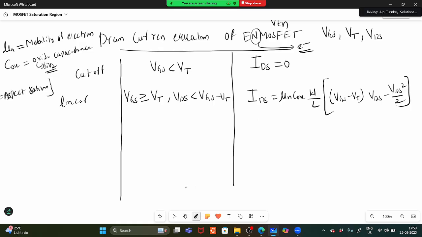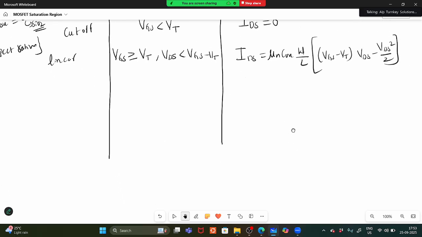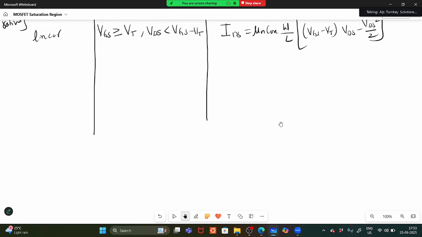Now if you see the saturation region, when VDS is greater than or equal to VGS minus VT, then saturation will come. So I am substituting VDS equal to VGS minus VT in the above equation.